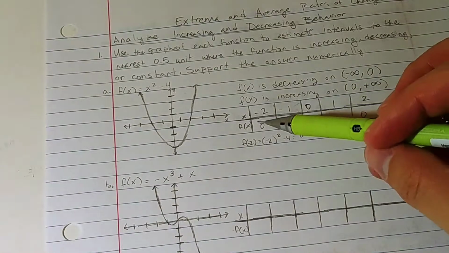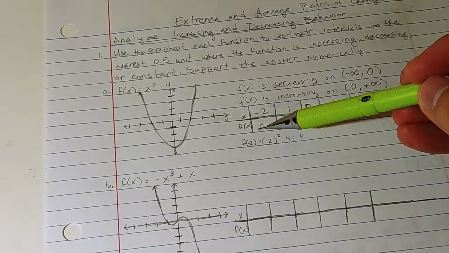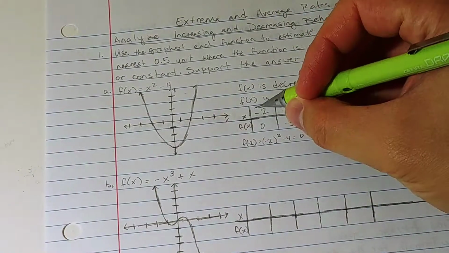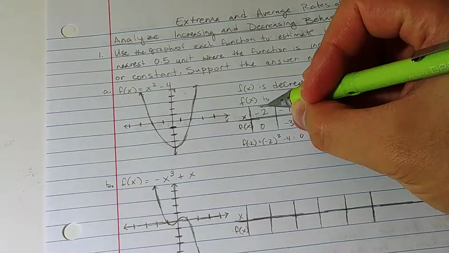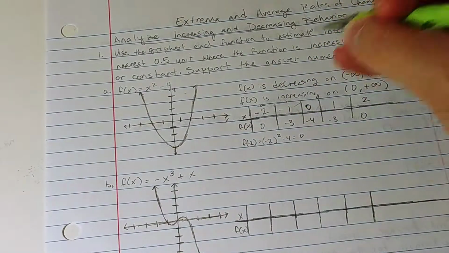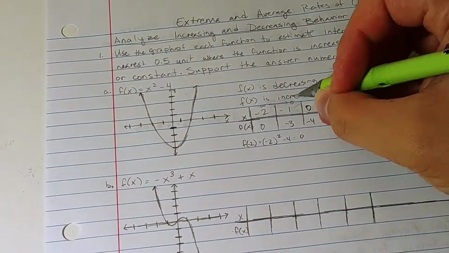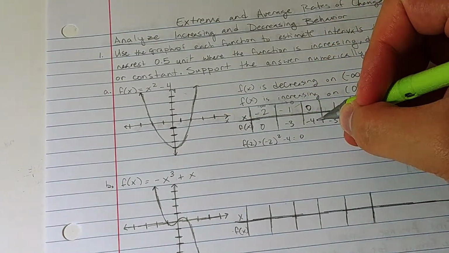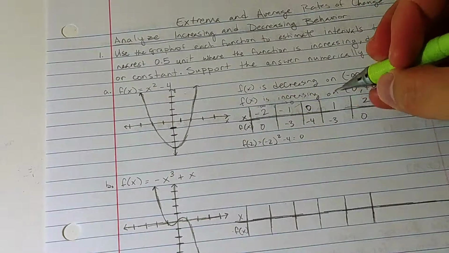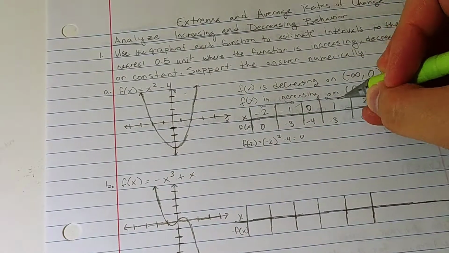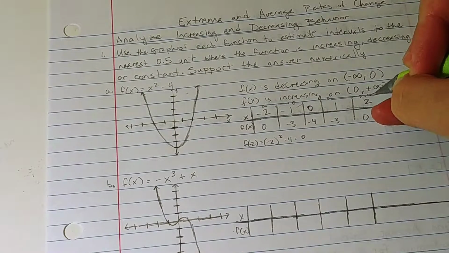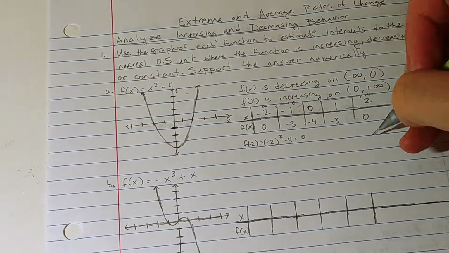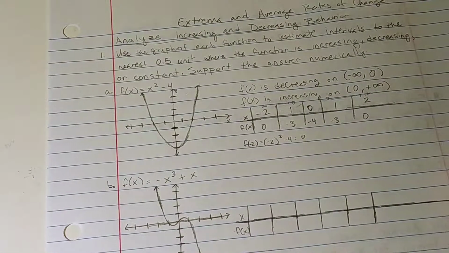Okay, and going from left to right, so this is from negative infinity all the way to 0, right? Notice how it's decreasing, it's getting smaller and smaller, and then from 0 to positive infinity, notice how it's getting bigger and bigger. Negative 4, negative 3, 0, and it just gets bigger from there.